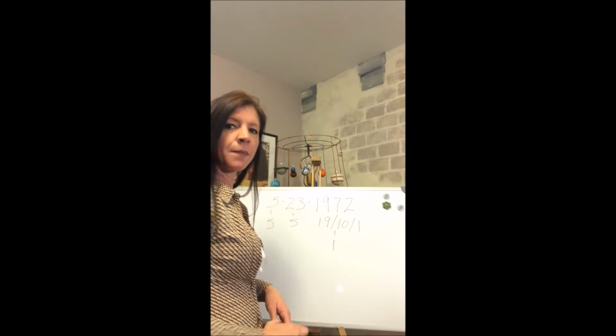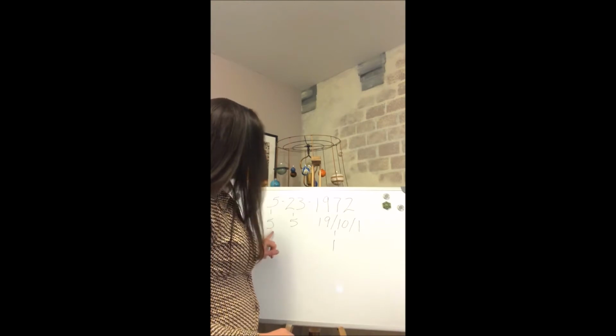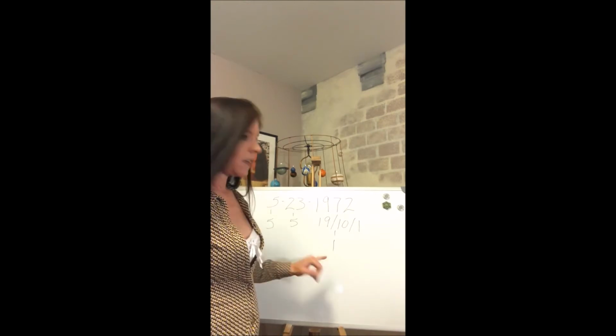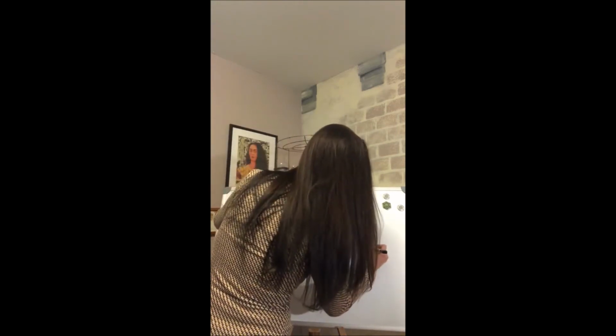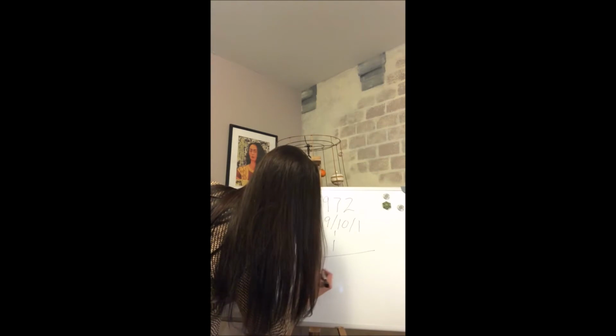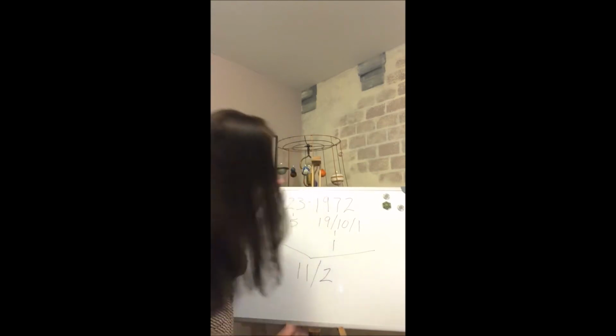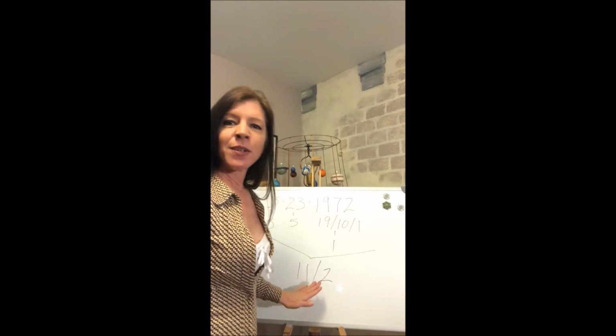I hope you can see that. Okay, now we're going to add these all together. So 5 plus 5 is 10, plus 1 is an 11, okay? And 1 plus 1 is 2. And we've hit a master number.